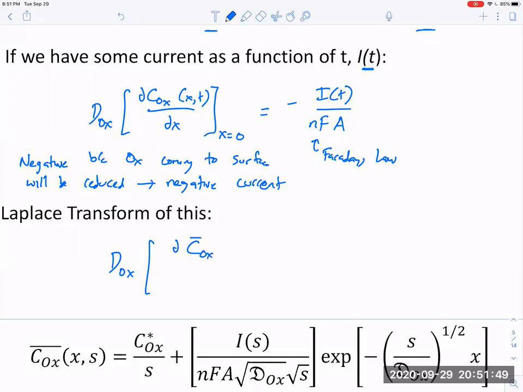So now, rather than being a function of x and t, it's a function of x and s. Still the derivative with respect to x at x equals 0, at the electrode surface where the reaction is occurring instantaneously, is negative I divided by NFA, right? So that's the Laplace transform that we took.